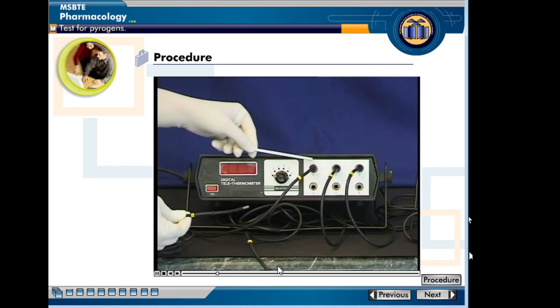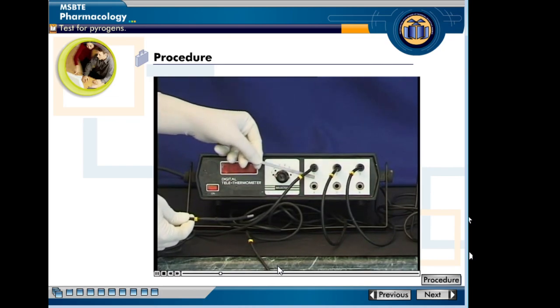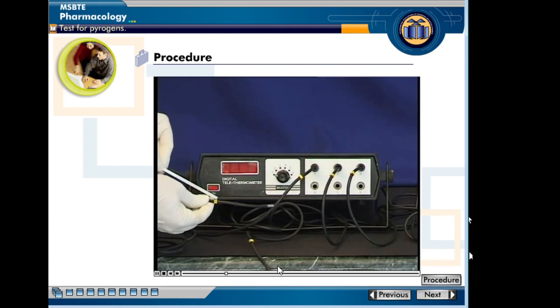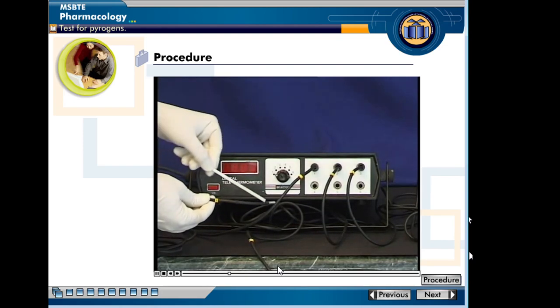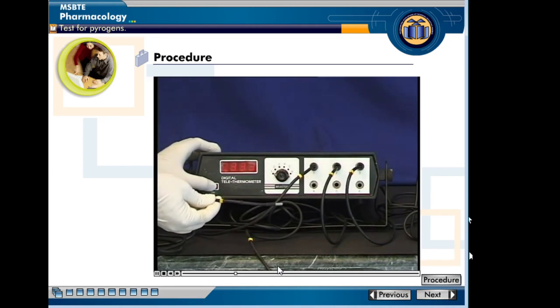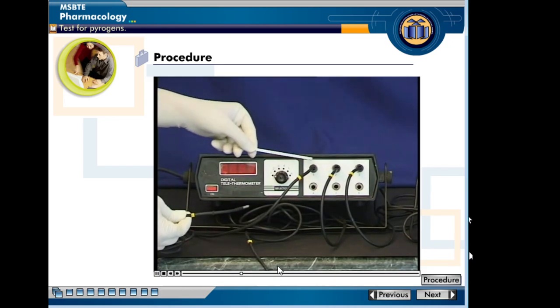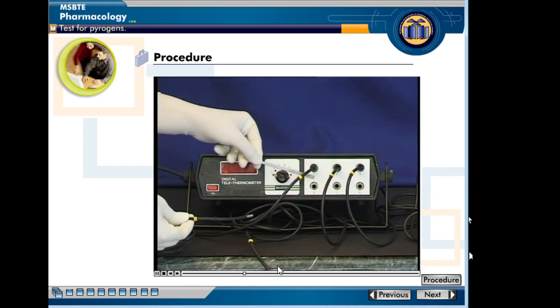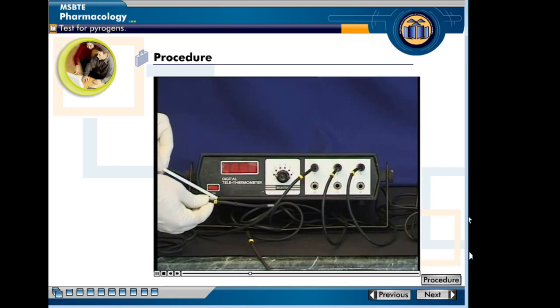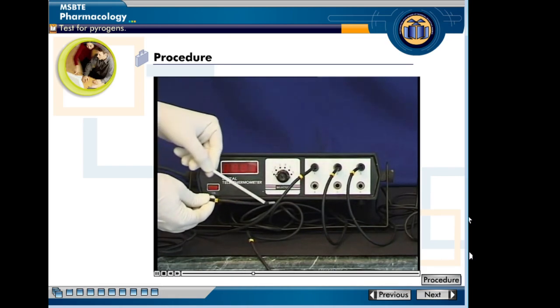An apparatus, a telethermometer with 6 probes, is used for the test. It consists of a mains on-off switch, digital counter, rotating knob, 6 probes and sockets for measurement of temperature. Calibration of the telethermometer is a prerequisite.